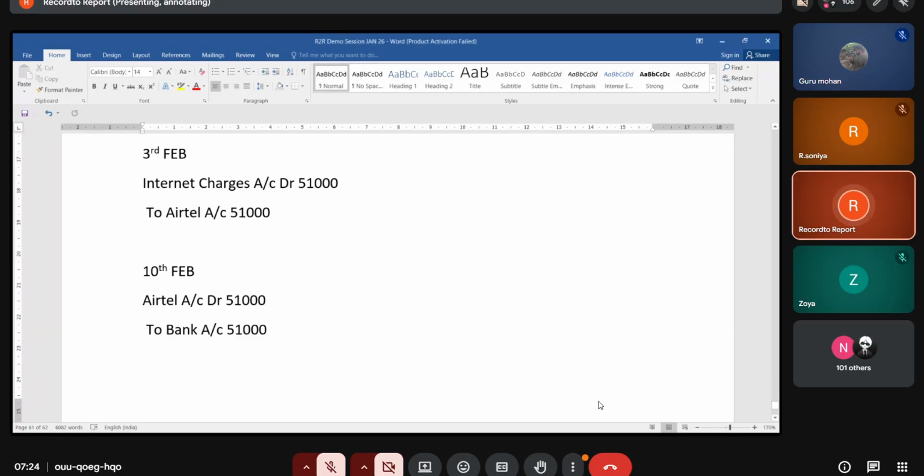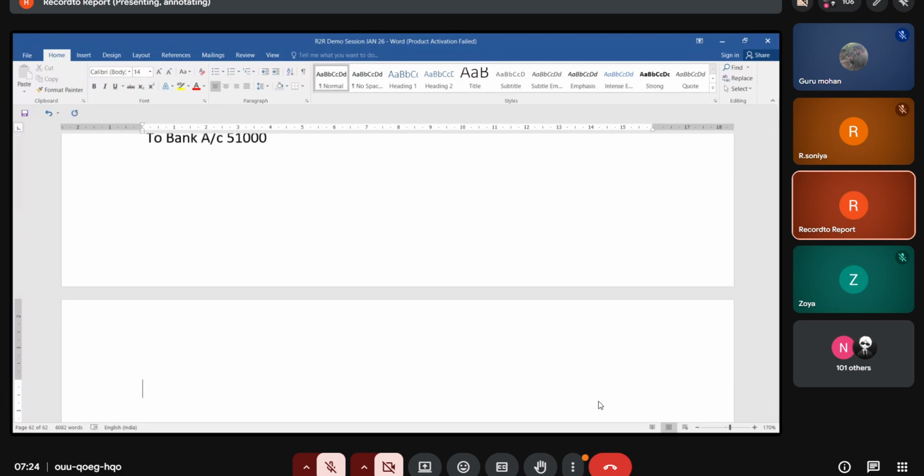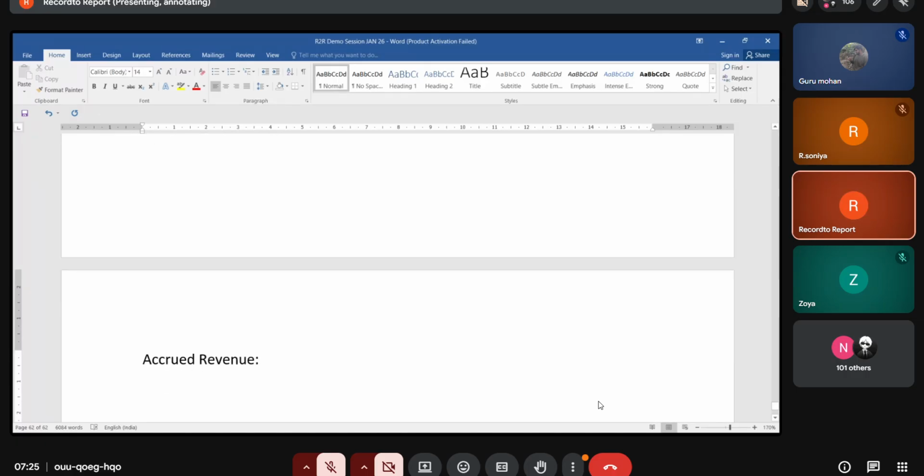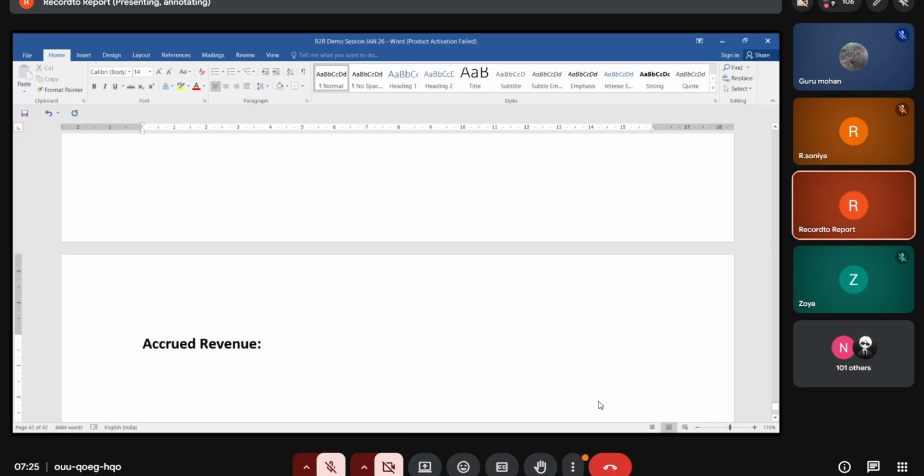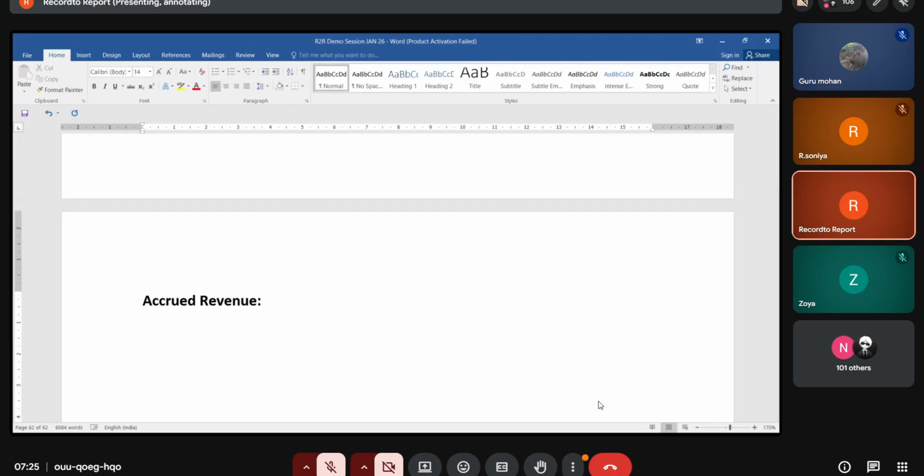Let's move to the next concept. Accrued revenue. There is a difference in meaning between revenue and income.